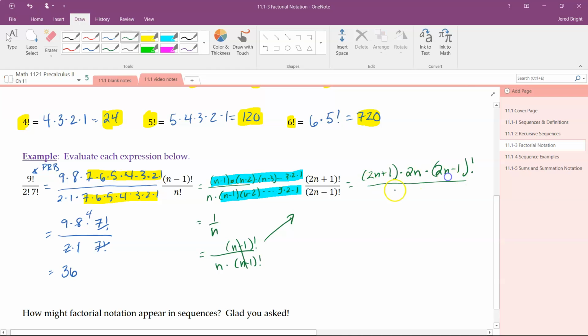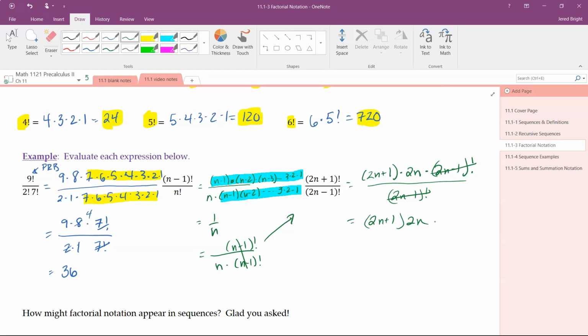The denominator already has that 2n minus 1 factorial, so I could reduce those and say that the numerator is just going to be 2n plus 1 times 2n. I could distribute that out if I wish, but that's all I need.